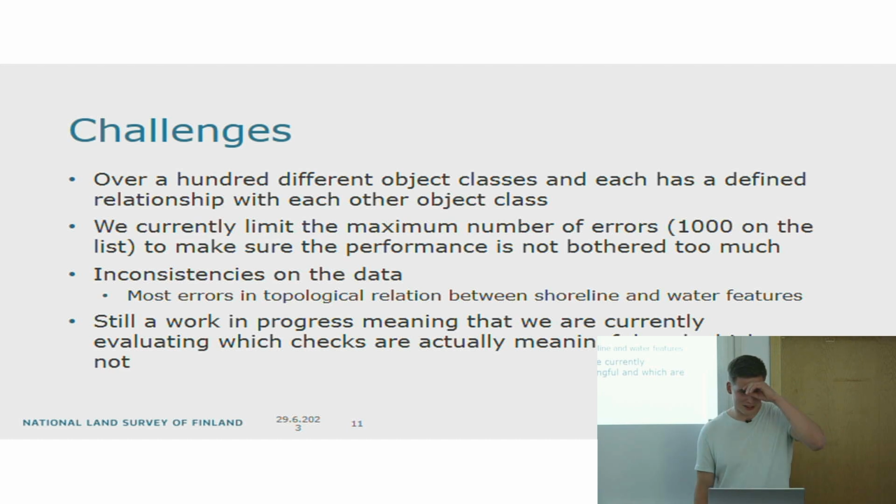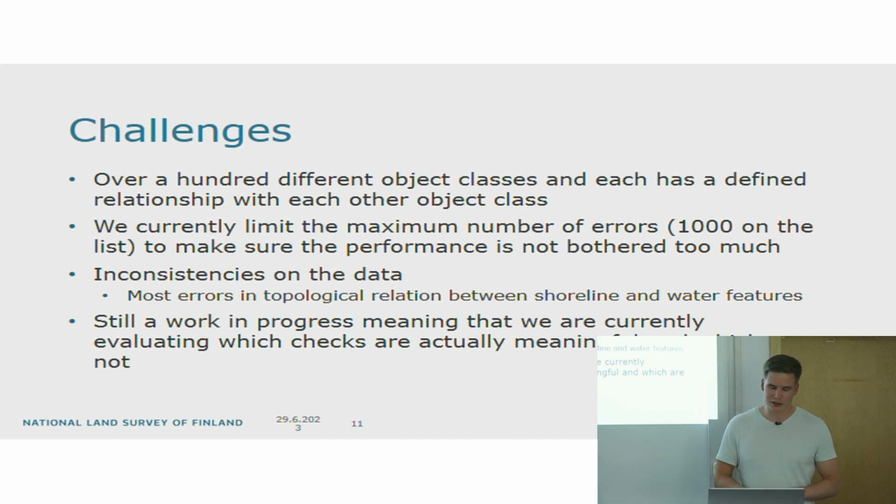Then for the challenges, since you saw the Excel, so we have over 100 different object classes, and since all of these have the defined relationship with each other, it's high maintenance for us. And we currently limit the maximum number of errors in the tool to 1,000 to make sure that performance is not bothered too much.